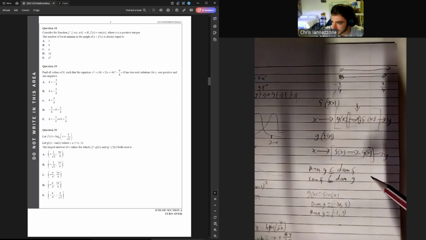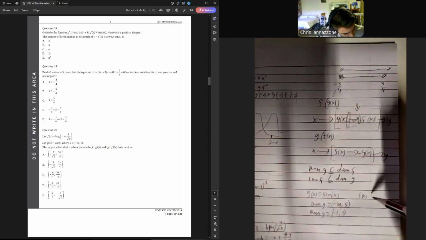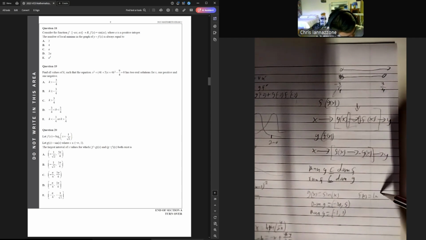Now, f of x is just a logarithm that's been shifted left by 1 on root 2. Let's put it here so we can compare them directly. f of x equals natural log of x plus 1 on root 2.